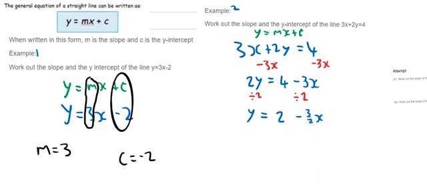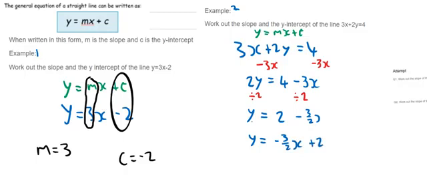Now it almost looks like y equals mx plus c, but the 2 and the minus 3 over 2x are the other way around. So you can just switch them, remembering to keep the sign in front with it, so that's minus 3 over 2x. So y equals minus 3 over 2x plus 2.